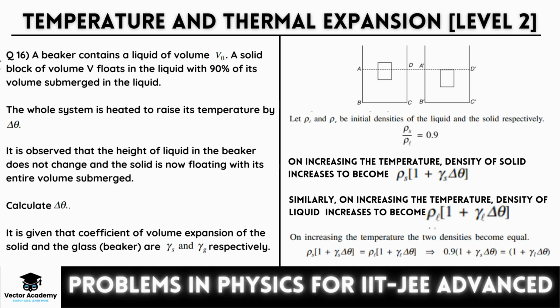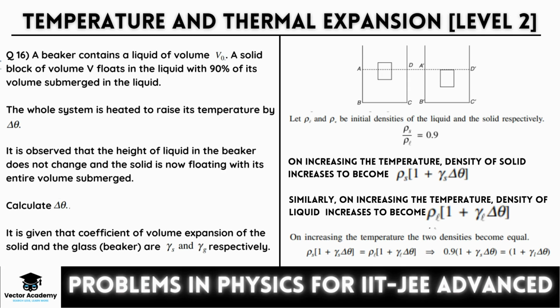On increasing the temperature by delta theta, density of liquid becomes ρL multiplied by 1 plus coefficient of volume expansion of the liquid gamma L into change in temperature delta theta. Since, on increasing the temperature, the solid completely submerges in the liquid, their densities become equal.